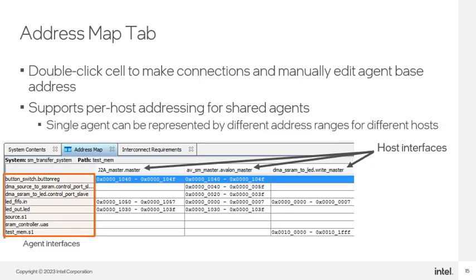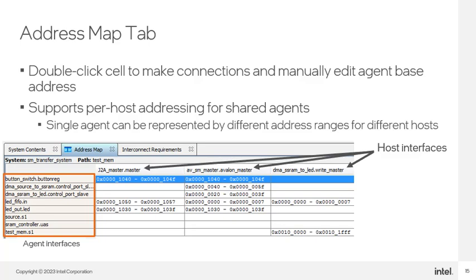Besides the base and end address columns on the System View or System Contents tab, you can use the more detailed Address Map tab. The Address Map tab contains a complete table of all memory-mapped device addresses, making it a little easier to configure the address mappings and address spans in the system. On this tab, each column represents a memory-mapped host interface, and each row represents an agent.